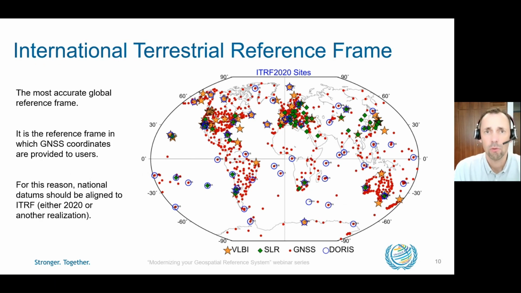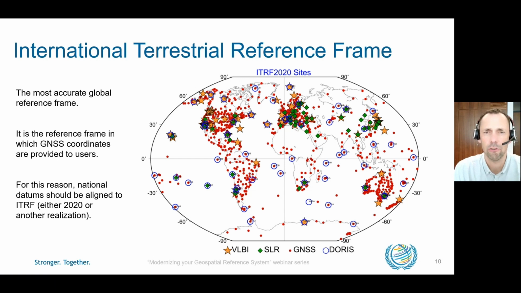Let's have a short look at the International Terrestrial Reference Frame, the ITRF, as the most accurate global reference frame we have. On the picture, you see the globally distributed observation network of the ITRF.